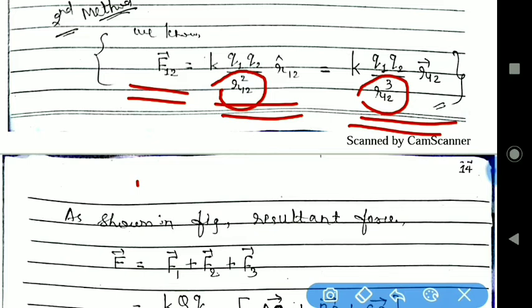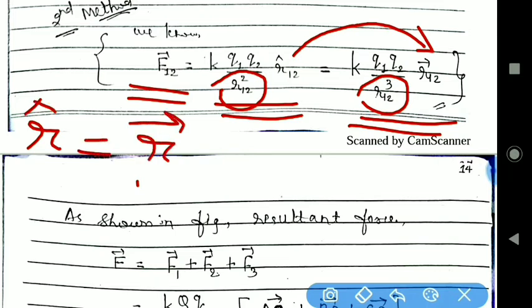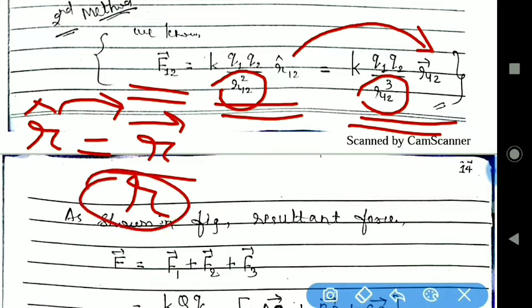So here this unit vector is replaced by a vector. We know that any unit vector can be represented by a vector divided by its magnitude. So when we replace a unit vector with a vector, this r is multiplied at the denominator. So in place of r square it becomes r cube, and here there is a vector.